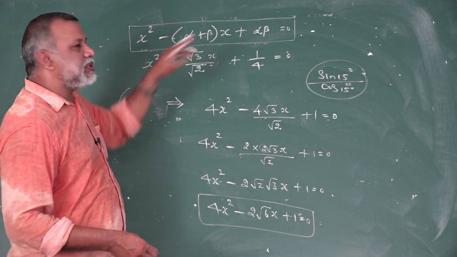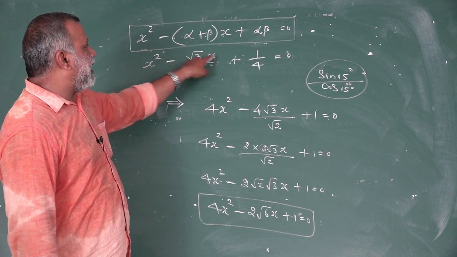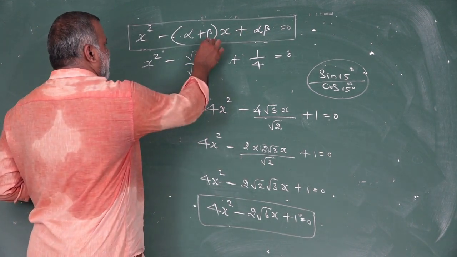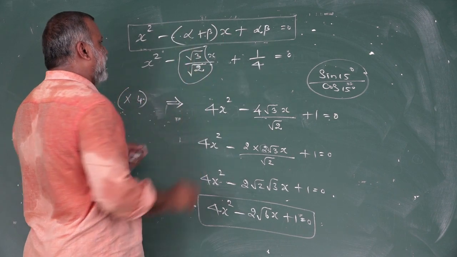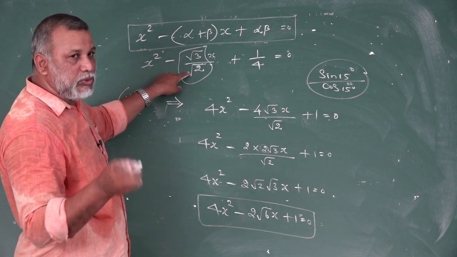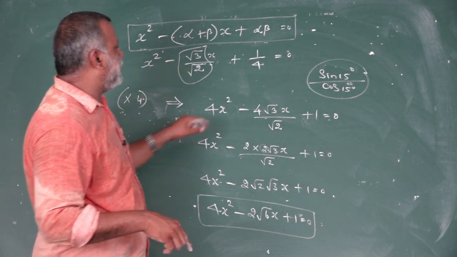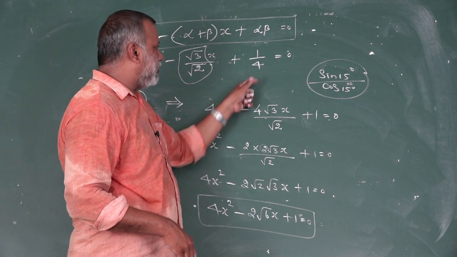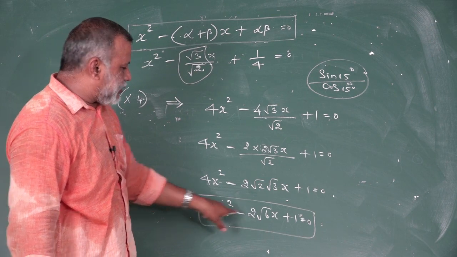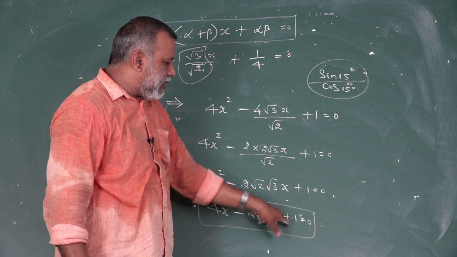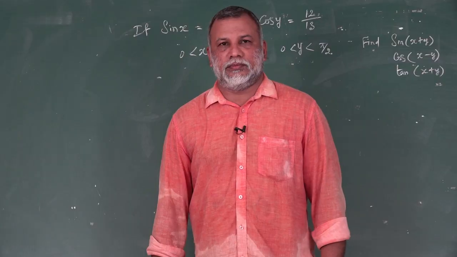The sum of the roots, alpha plus beta, is root 3 divided by, correct the result there, root 2 here. Then the product is 1 by 4. Then substitute and simplify. You can get the result 4x squared minus 2 root 6x plus 1 equal to 0.